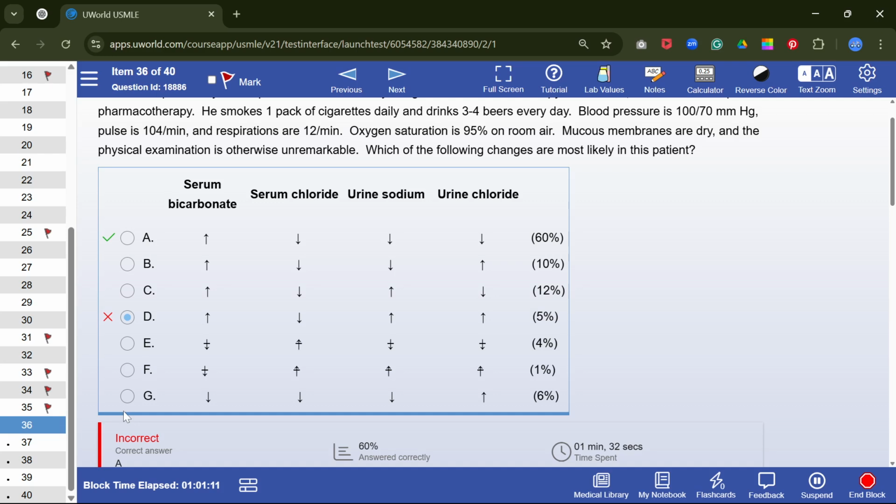Hypokalemic hypochloremic metabolic alkalosis due to vomiting.